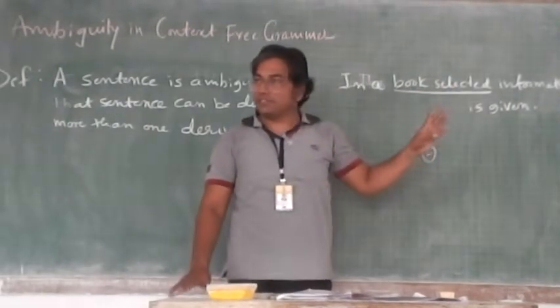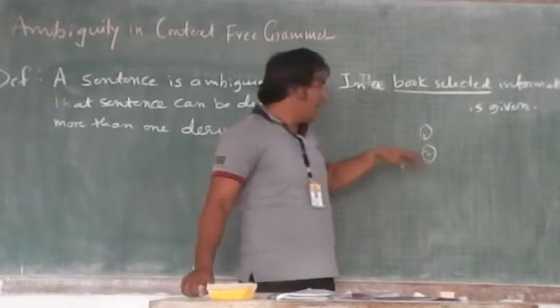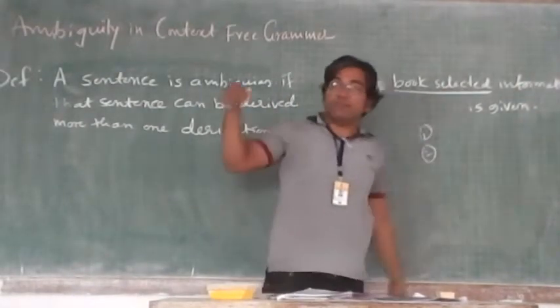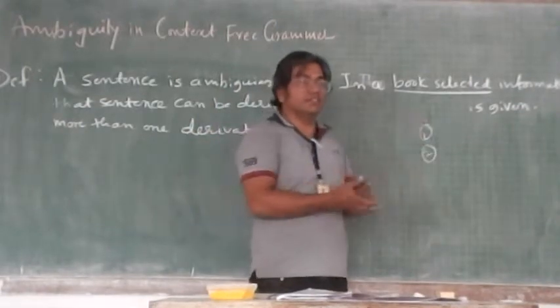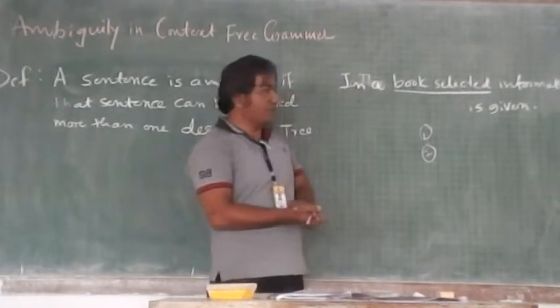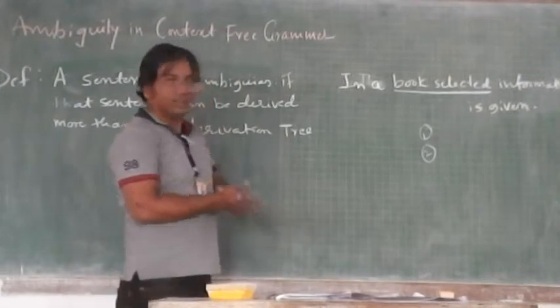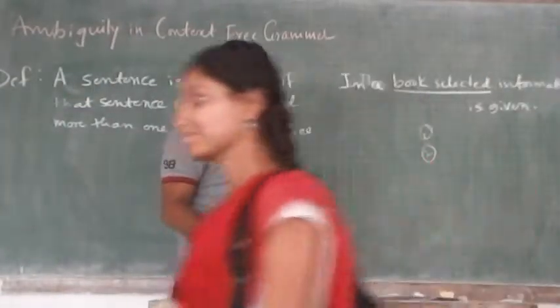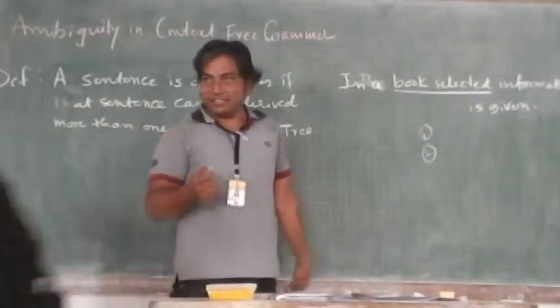This way the meaning comes. Another way: in a particular book, selected information from within the book is given. This way you can have two meanings with a single sentence. In that case we can say this sentence is an ambiguous sentence.